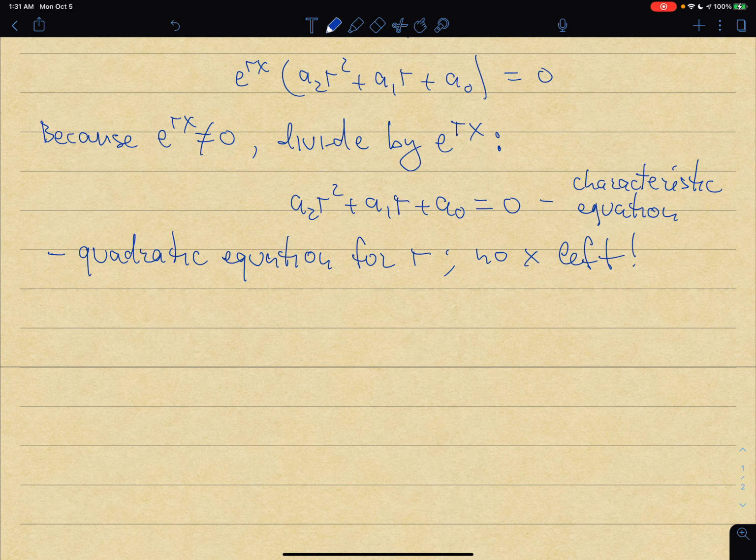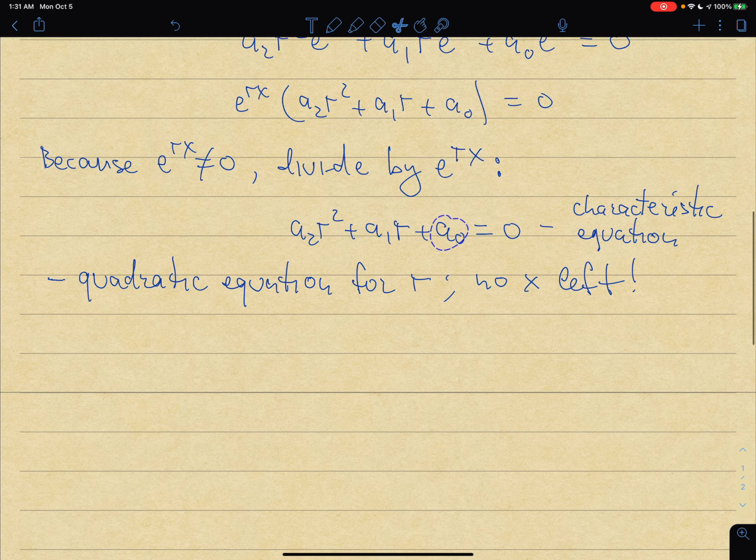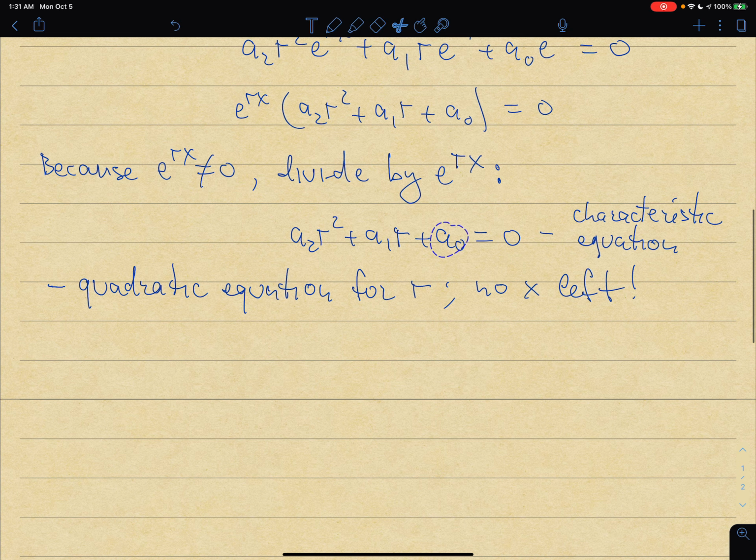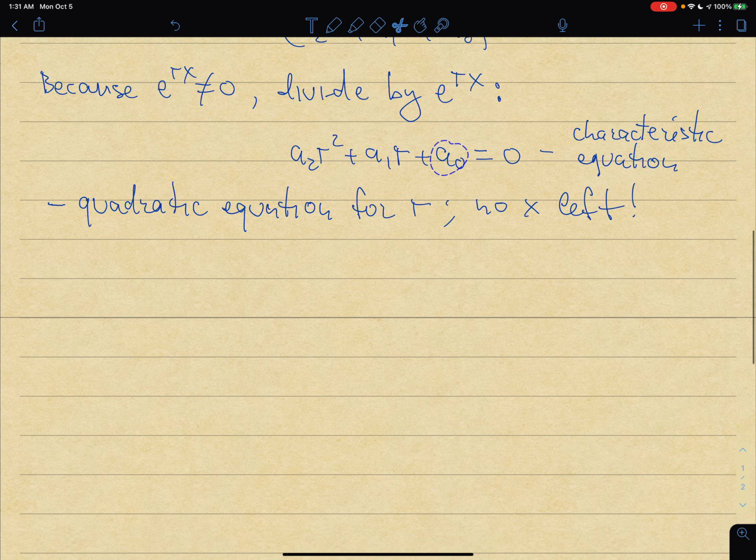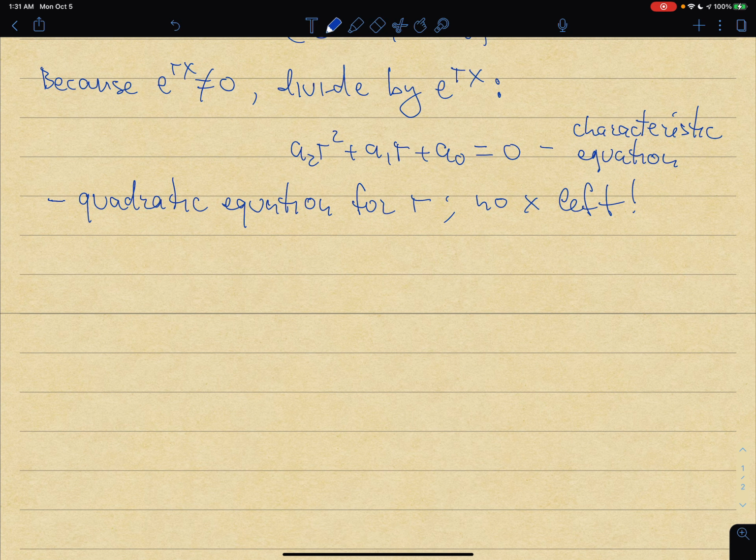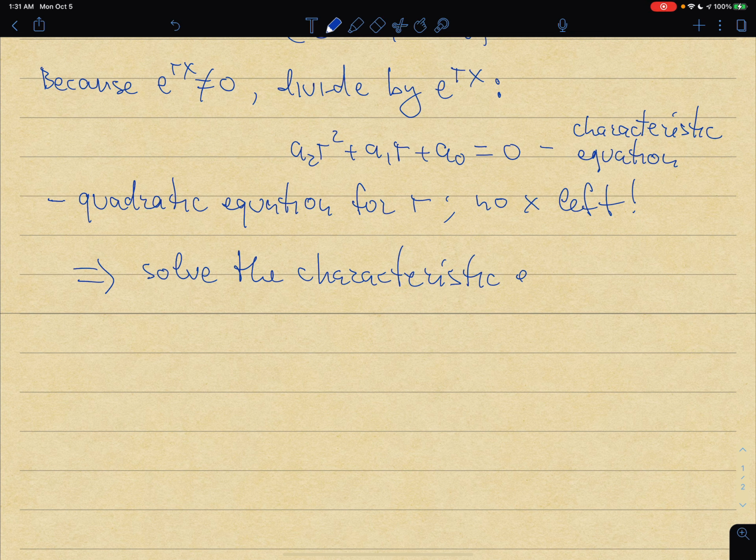All right, and so because it is a quadratic equation, remember that a1, a2, and a0, those are all constants. So how do I solve a quadratic equation? Of course, I can use a quadratic formula, which I'm sure you all remember.